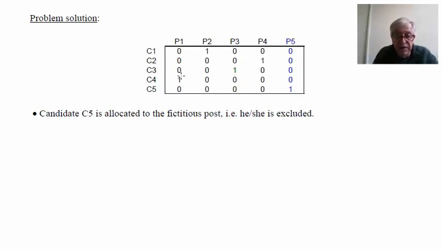So we can see here, for example, that candidate 4 is assigned to the first position, candidate 1 is assigned to the second post, candidate 3 is assigned to post 3, candidate 2 is assigned to post 4, and candidate 5 is assigned to the fictitious post. That is, candidate 5 is the one that is excluded.